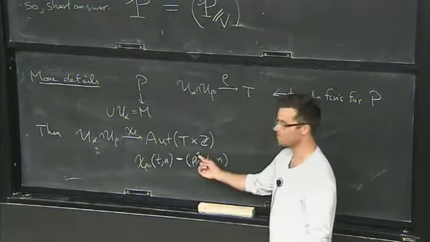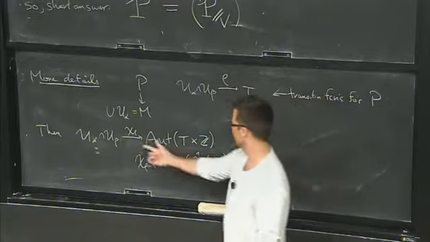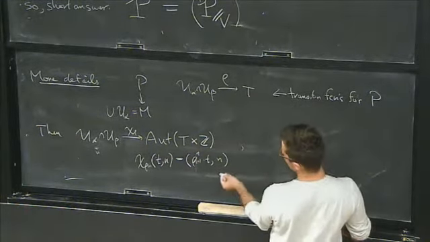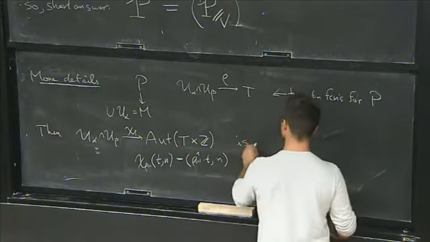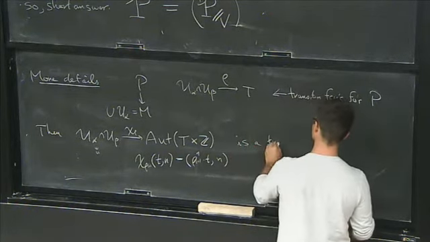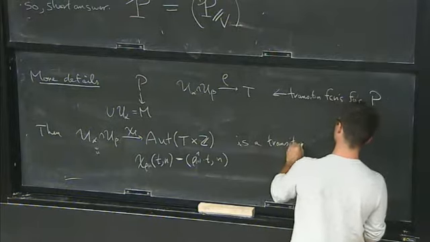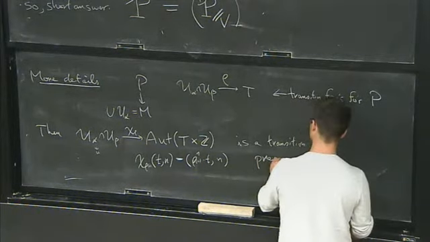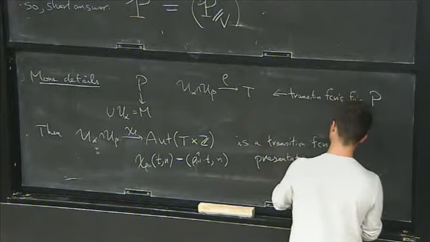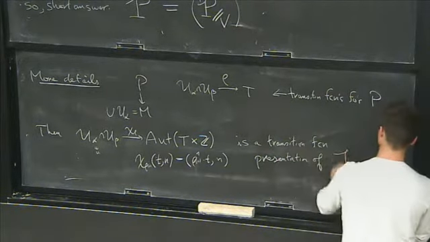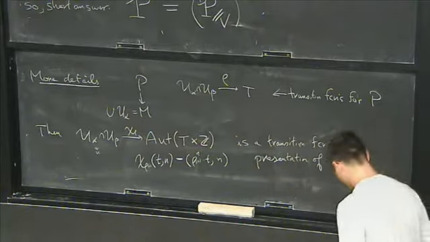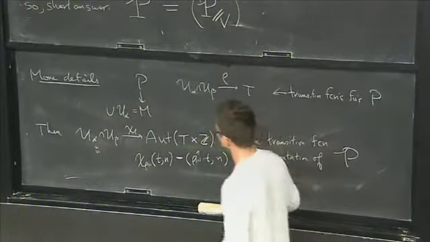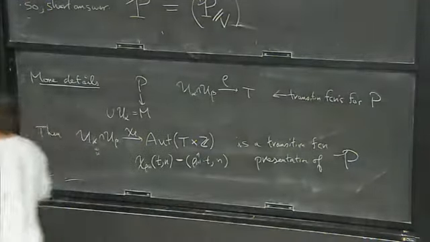And here you see the nth power thing, so that this thing is actually a transition function presentation of script P. Another way to, let's see. Let's go back over to this board now.